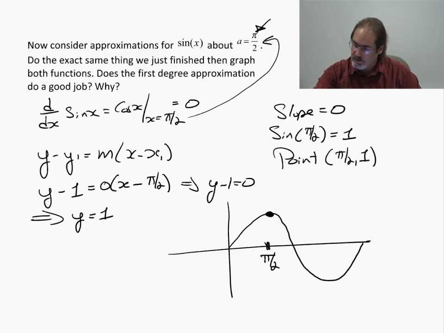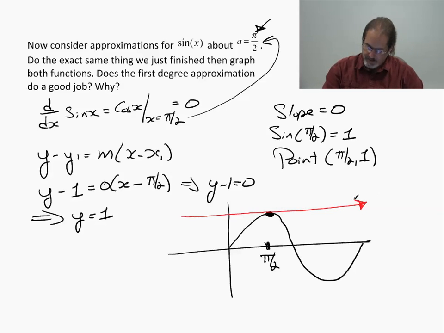So my linear approximation will look like this. You see at x equals pi over 2, my linear approximation and the original function match each other. So the approximation is actually exact. But as soon as I get away from pi over 2, immediately this becomes a horrible approximation.